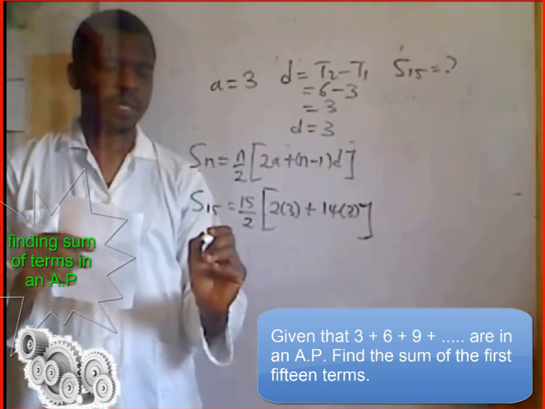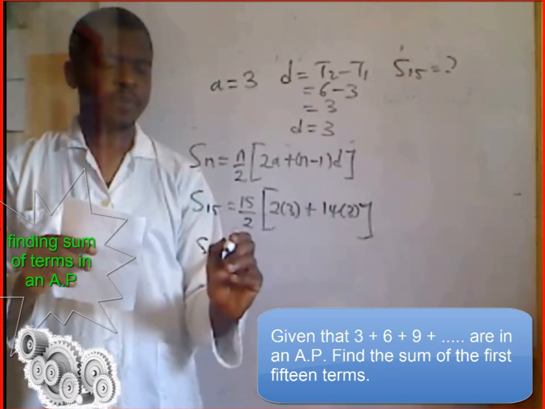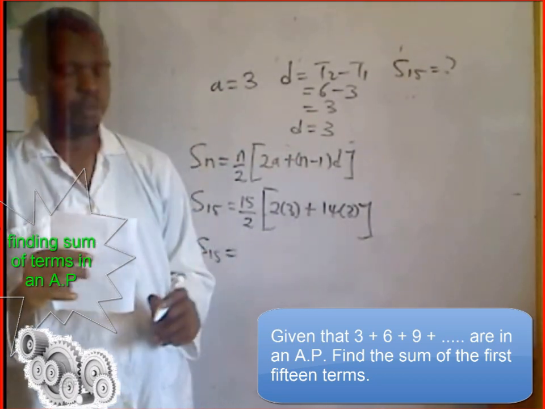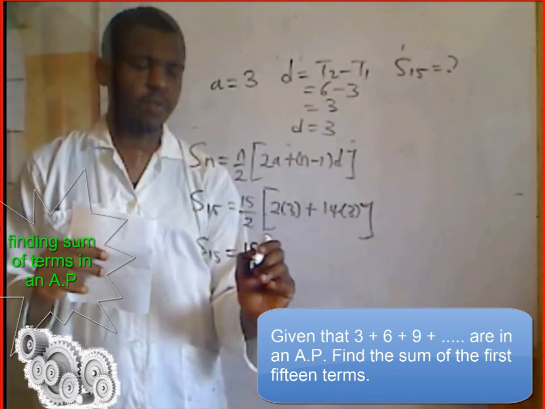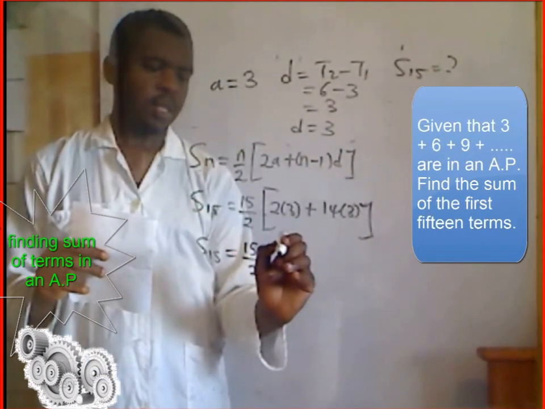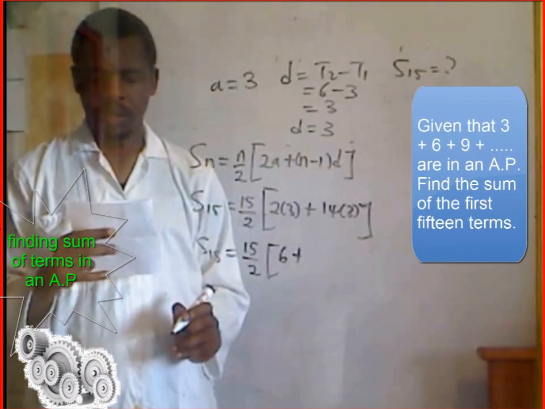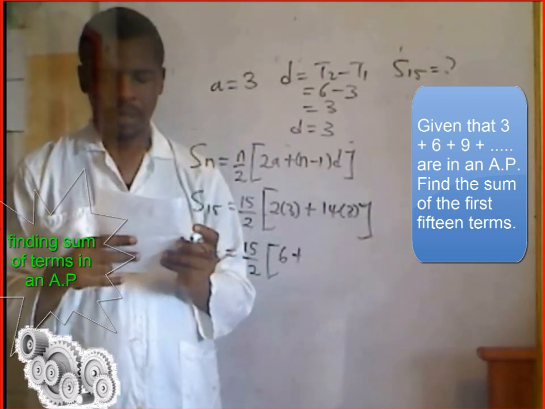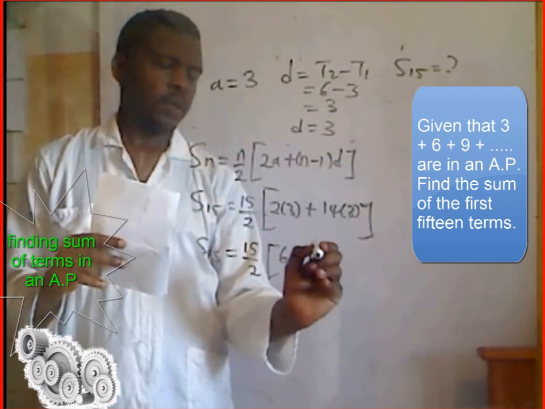Now let's reduce this. The sum of the first 15 terms will be 15 all over 2. This is 6 plus 42.